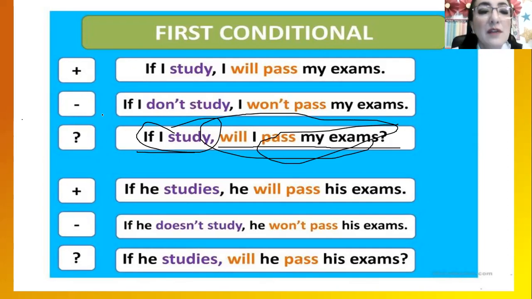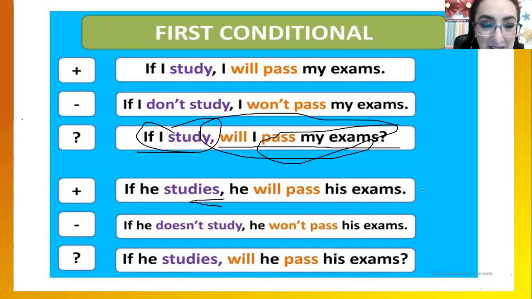If we are going to be mentioning a third person, I say, if, I don't know, if Melissa studies, she will pass her exams. If Roberto studies, my rule, never forget about the rule. If Roberto studies, he will pass his exams.